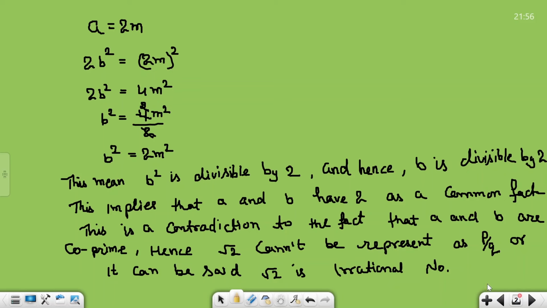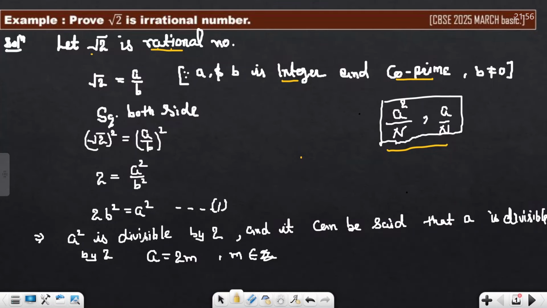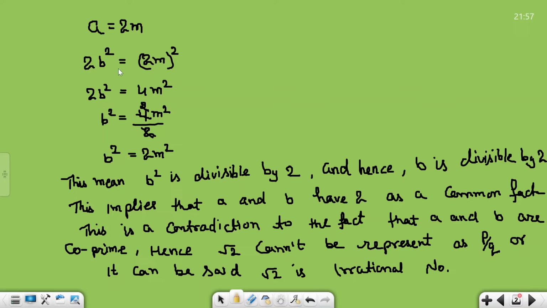So what we do here: if a is a multiple of 2, we let the value of a be twice of any integer m. We put the same value in the first equation. Look here, 2b square is equal to a square.